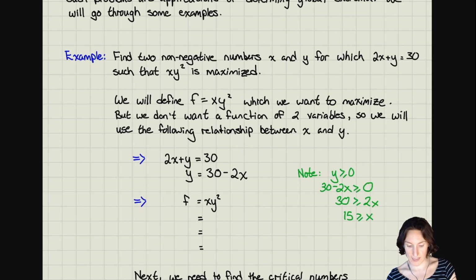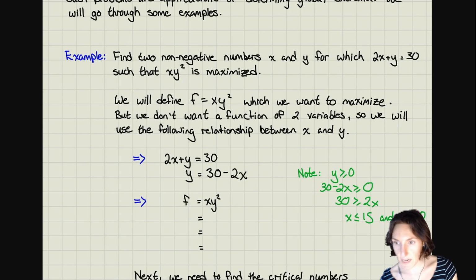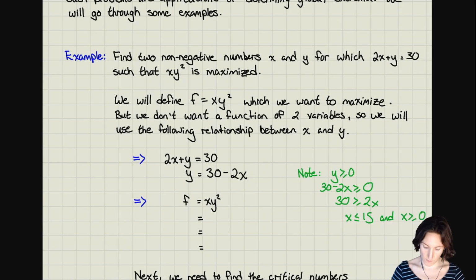You can write it like that. I personally prefer to write the inequalities the other way. So x is less than or equal to 15, but it also needs to be greater or equal to 0. So that tells me the type of interval that I'm working with here.